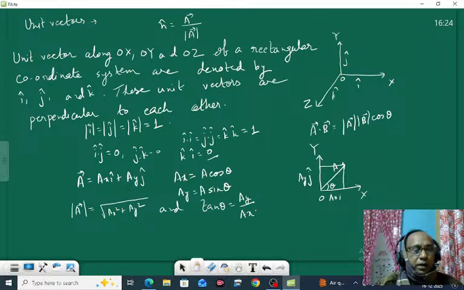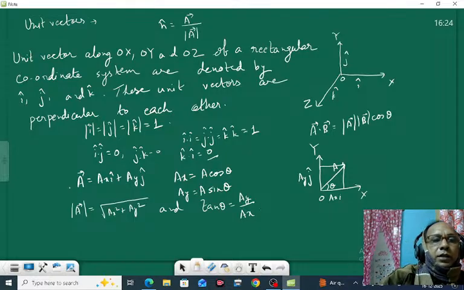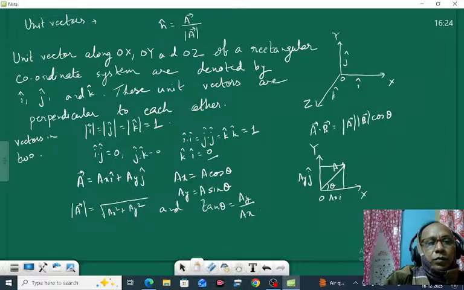In this way we find vectors in the xy plane, vectors in two dimensions, that is the x and y plane.